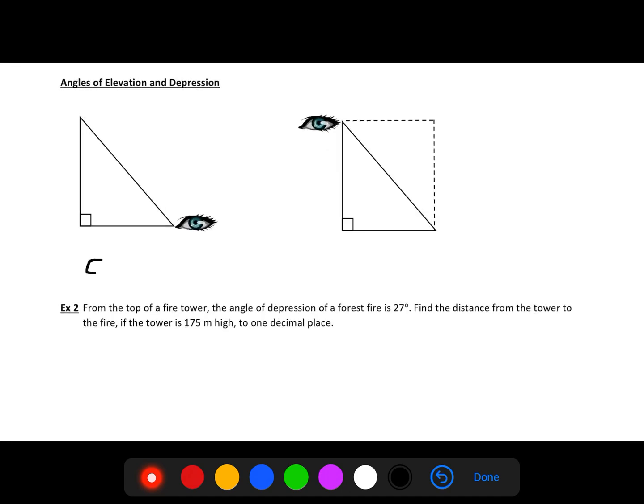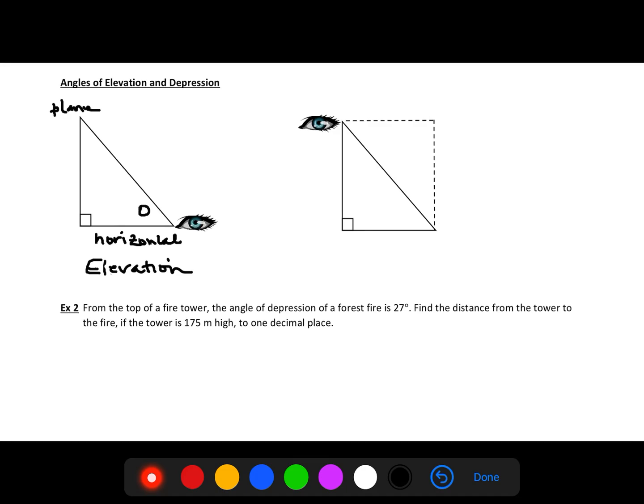A couple of definitions that you're going to need to know are angles of elevation and angles of depression. So first of all, angles of elevation. Remember that elevation simply means up. So if we're talking about angles of elevation, we're talking about the angles from our eyesight, horizontal, looking at something in the sky.